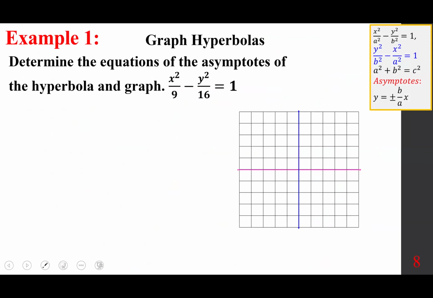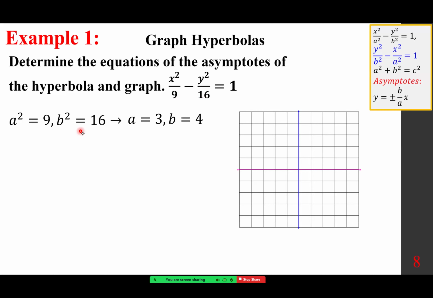All right, we want to graph a hyperbola. So determine the equation of the asymptotes of the hyperbola and graph. So first, let's analyze the graph as we look at this and compare it to the first one. We notice a squared is 9, b squared is 16, which makes a is 3, b equals 4.